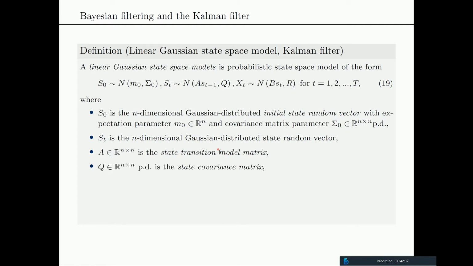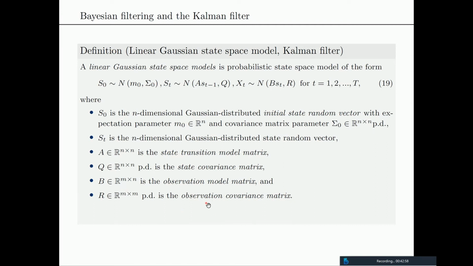Q, state covariance matrix, then the observation model matrix B, which often can project the n-dimensional state vector to a lower dimensional observation vector or maybe a higher one. And the observation covariance matrix R, which governs the observation noise.